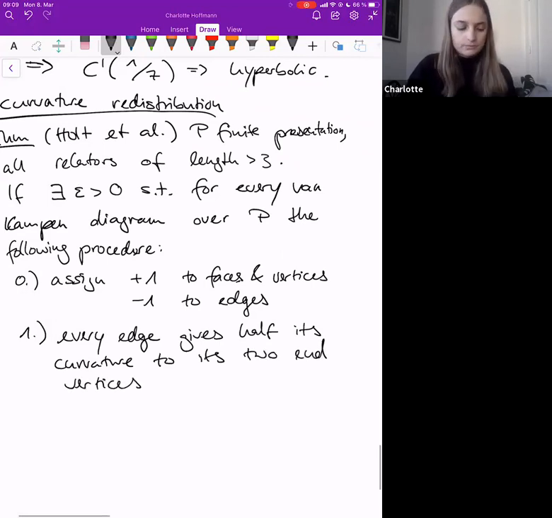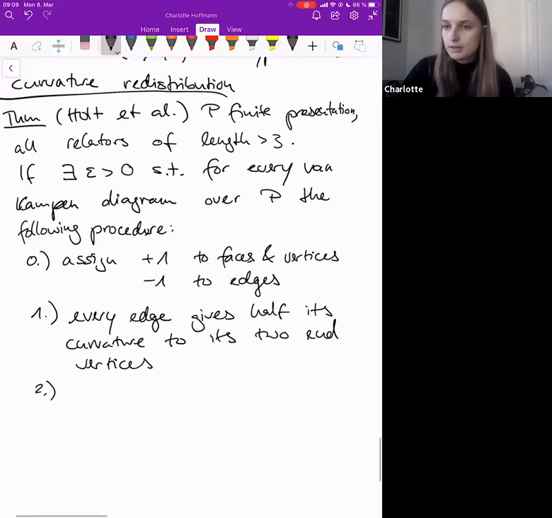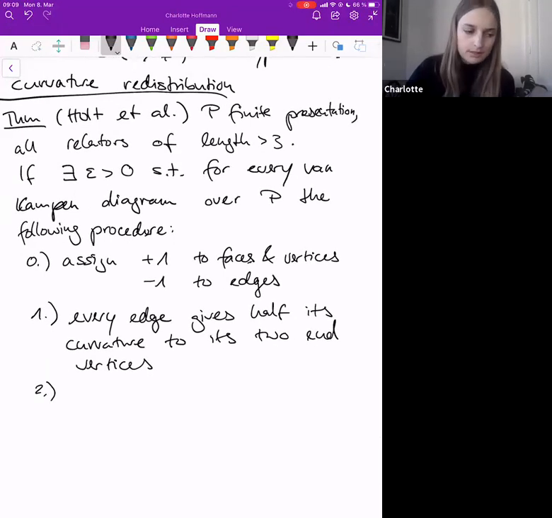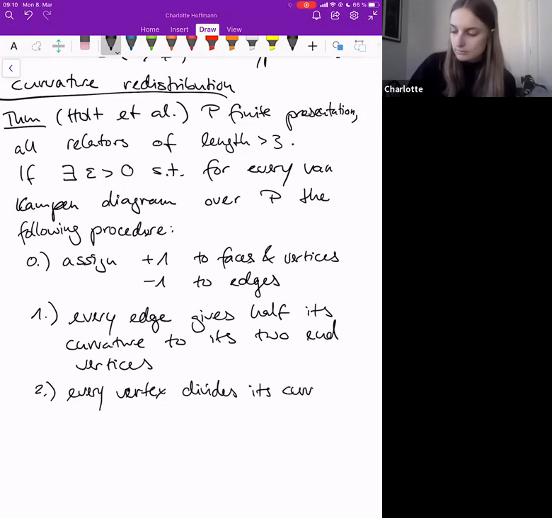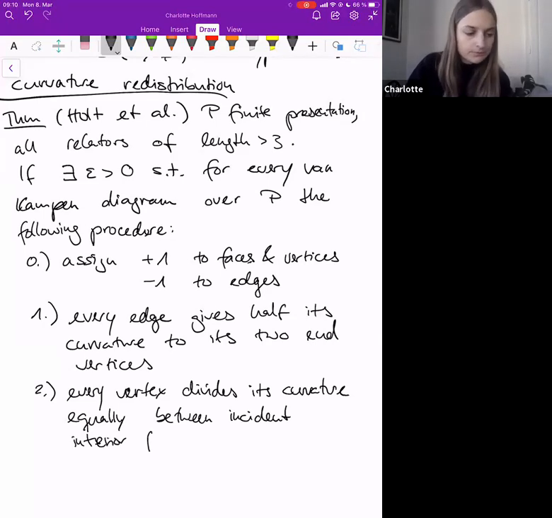And then in the last step, every vertex divides the curvature equally amongst all of the incident interior faces.